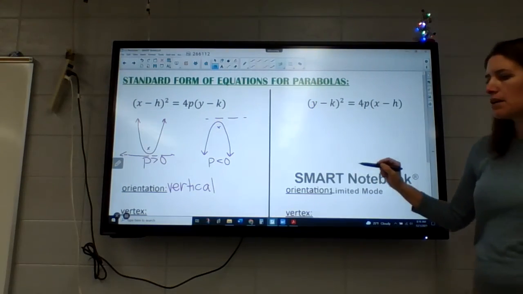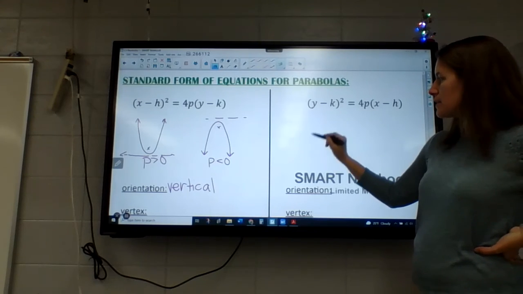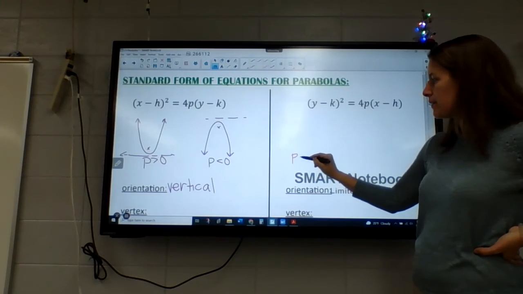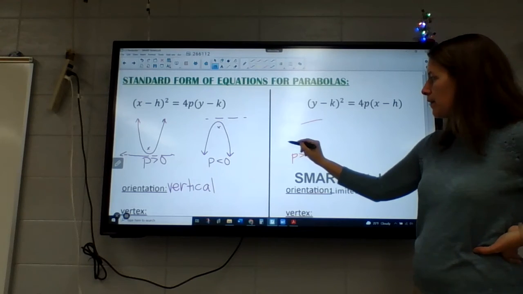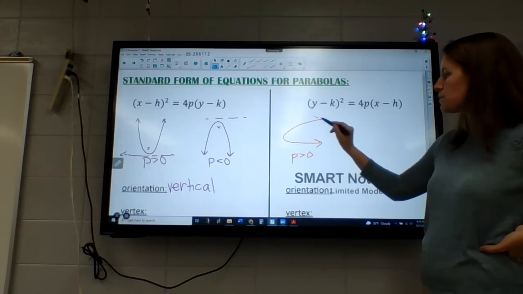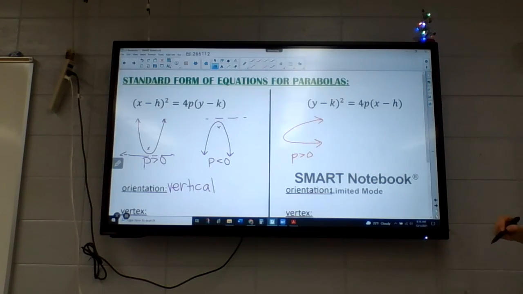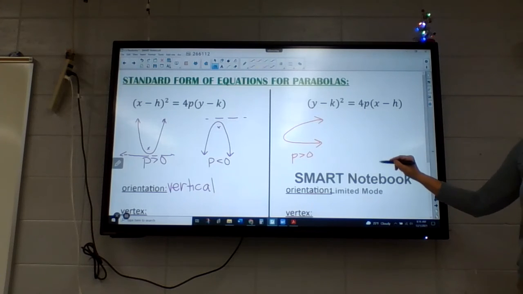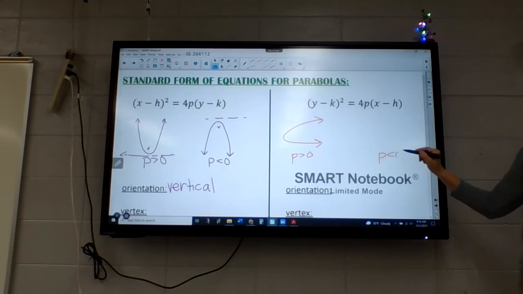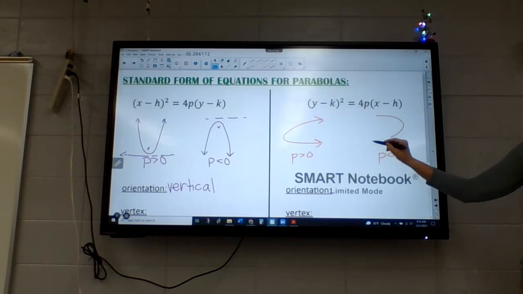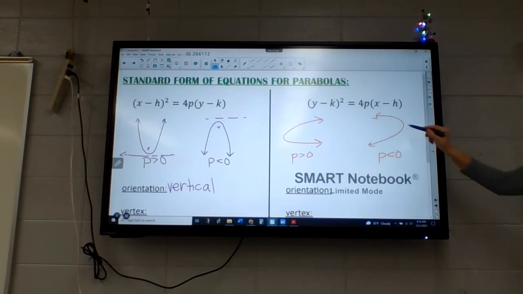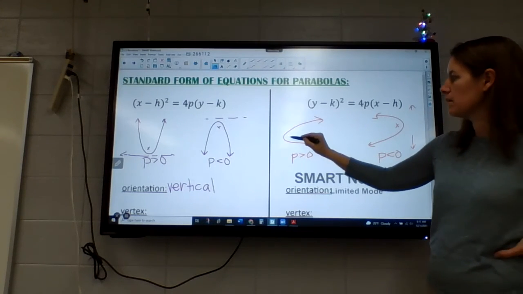Hopefully that makes sense. I'm going to start with p being positive. So it goes this way if p is positive. So it opens to the right. If p is negative, it's going to open to the left. And again, there's still this focus and directrix that we'll talk about.